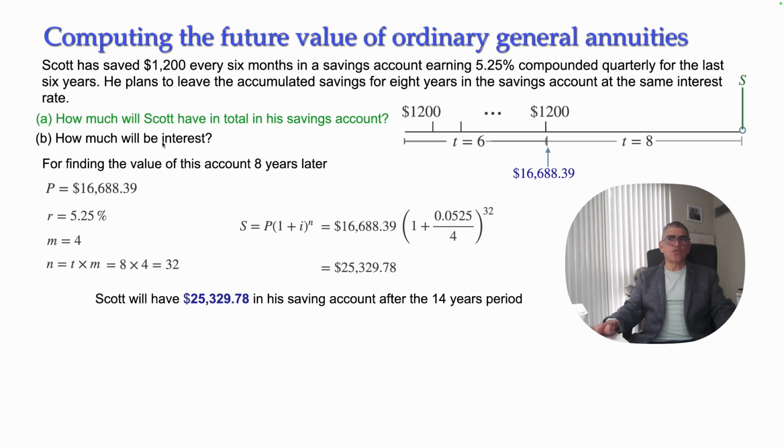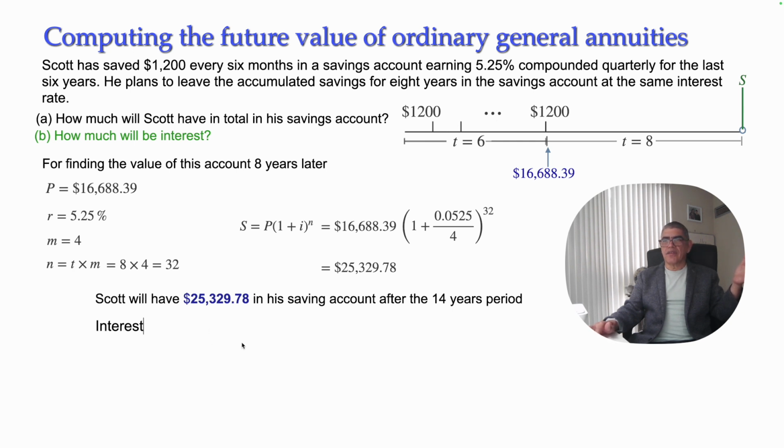If we want to know how much will be interest, so the second part, it will be the future value minus the contribution. So everything that Scott has at the end minus his contribution during these 6 years. During his 6 years, he contributed 12 times 1,200.